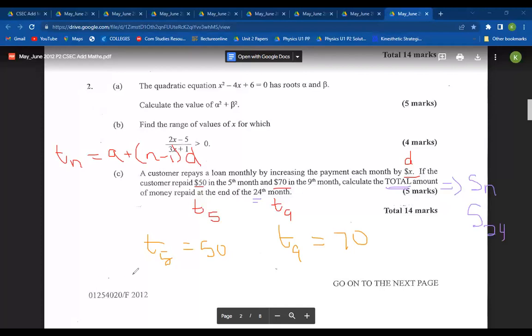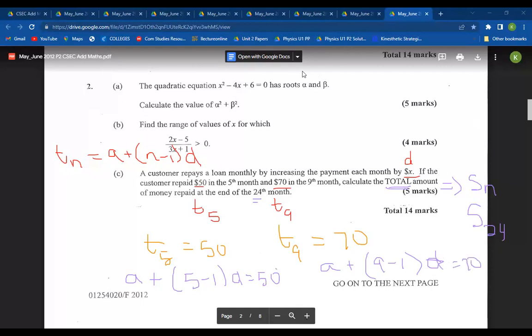Remember, we need to find A and D before we can do anything. That's the purpose of making these two equations and solving them simultaneously. So A plus n minus 1, n is 5 minus 1, D, and they told me that's 50. Second equation: A plus n minus 1, n is 9 minus 1, D, is equal to 70.